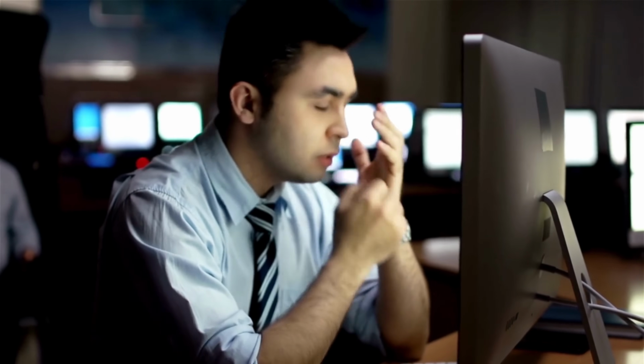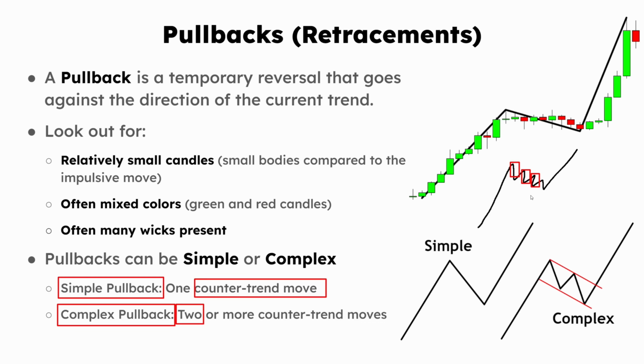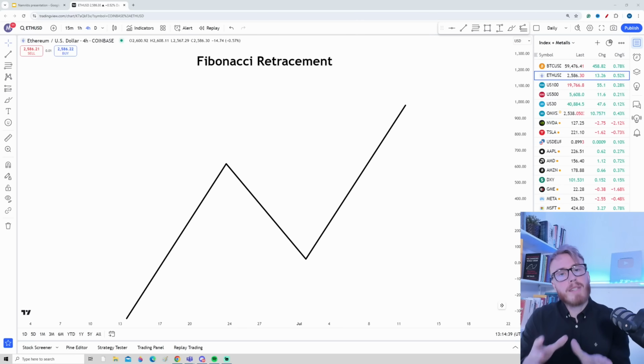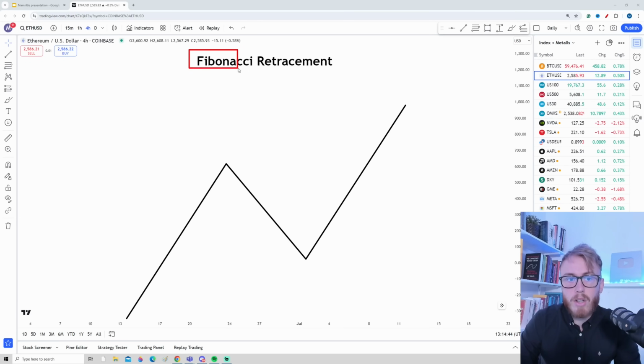If this sounds complicated right now, don't worry, because as this course goes on, you will learn about tools and concepts that will help you understand and even trade complex pullbacks. And while the complex pullback is hard to learn, when you actually learn to trade complex pullbacks, they can be very rewarding.